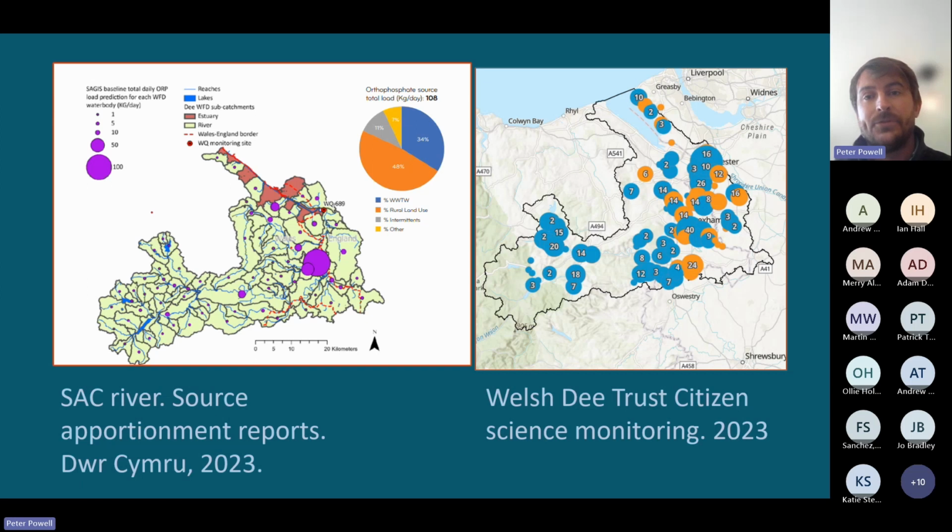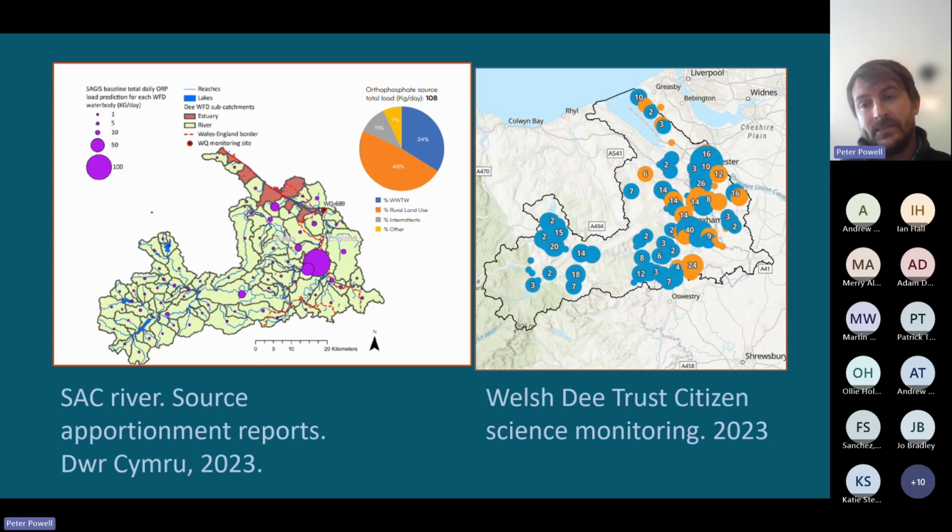There have been 2 main attempts on the Dee to break it down and give us some idea of what the sources would be. So Dŵr Cymru with NRW used some modelling. Essentially, they took their data of what they knew was coming out of the sewage treatment works in terms of phosphorus.